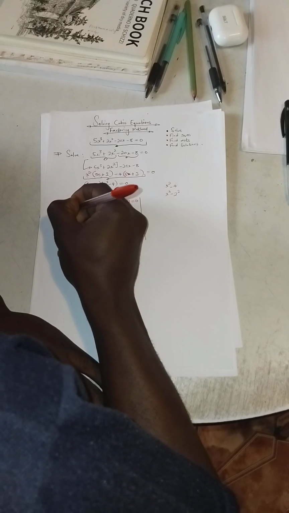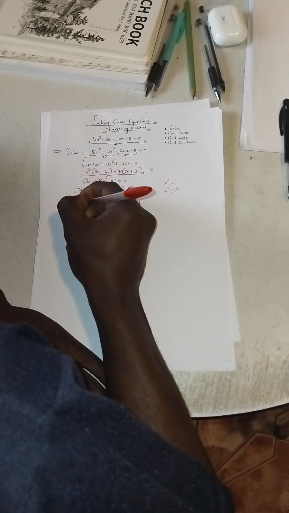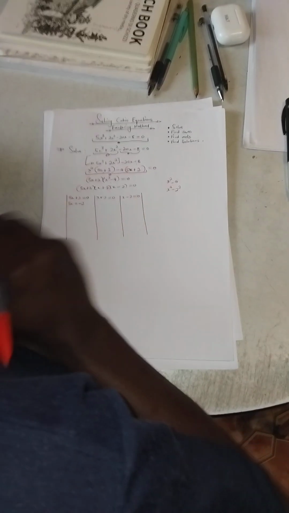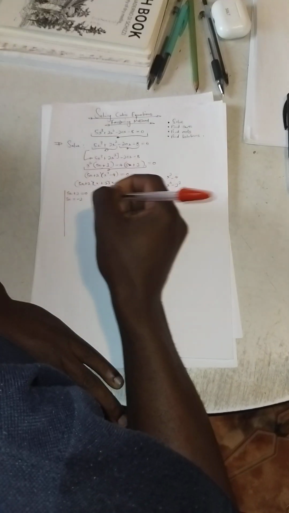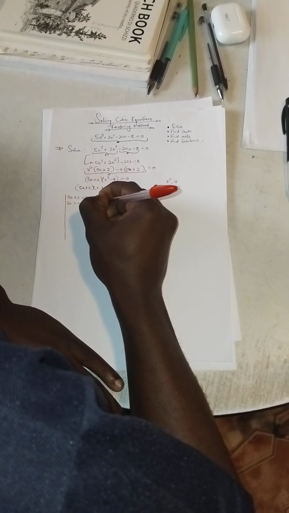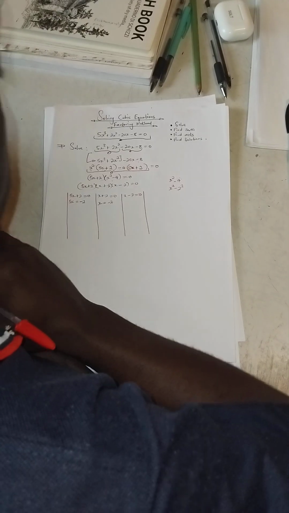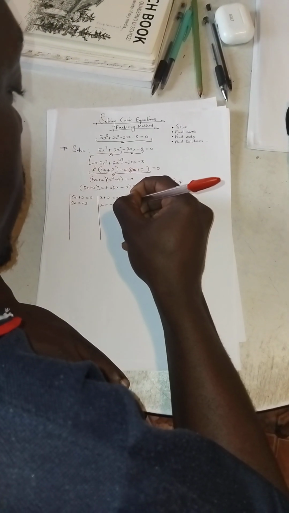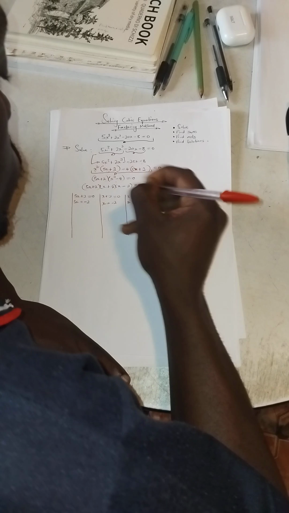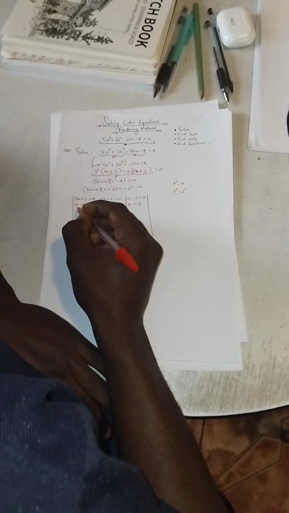So here we have 5x equal, we transpose 2, minus 2. When you transpose, it changes the sign. We go to the second one, x equal minus 2, it changes the sign. Third one, x equal 2, it changes the sign. Positive 2, it was negative, now it's positive.